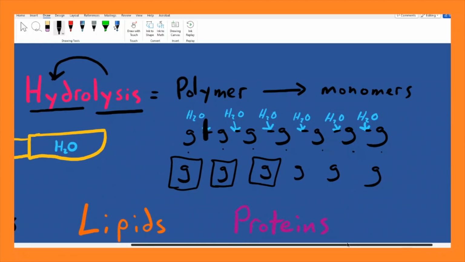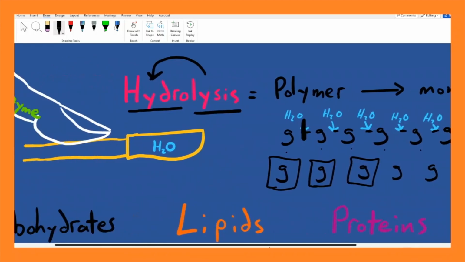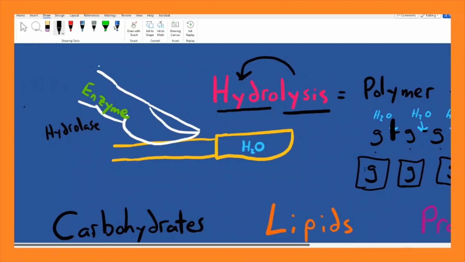I can't absorb polymers. I can absorb monomers. This is the basis of chemical digestion. It is this process of hydrolysis where we snap apart these large food molecules using enzymes and water.